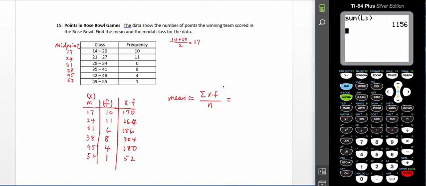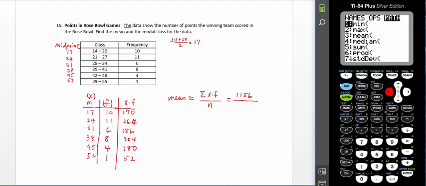That gives us 1156. That's the total number of points scored for all the winning teams. And n is the same as the sum of frequencies. So I'm going to find the sum: number 5, the sum of list 2.